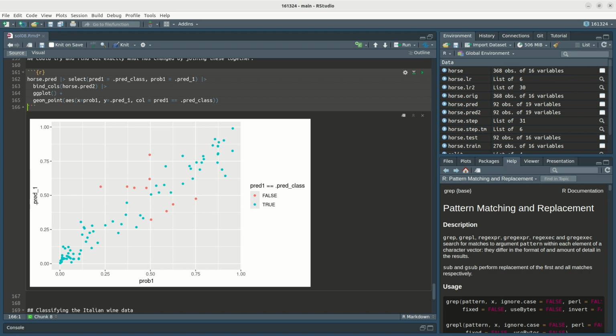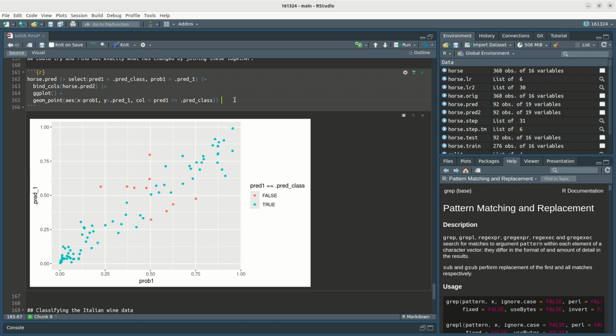So this is the second model here. These ones have been predicted to survive in the second model, and these are the ones that we predicted in the first model would survive, and in the second model would die, right? Because .pred1, that was from the second model, is bigger than 0.5, and prob1 is less than 0.5 for those observations here.